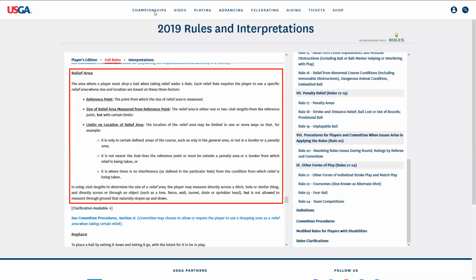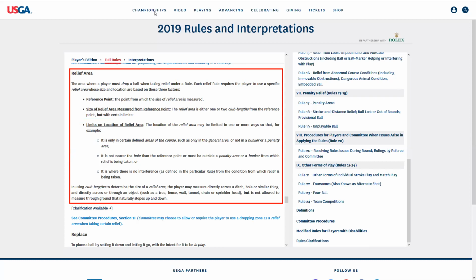So every time you drop a ball, you will drop it in a relief area. You will never place it. And you will always drop it in an area. And this is how we find out what the area is. You must first find the reference point. As an example, it could be the nearest point of complete relief.